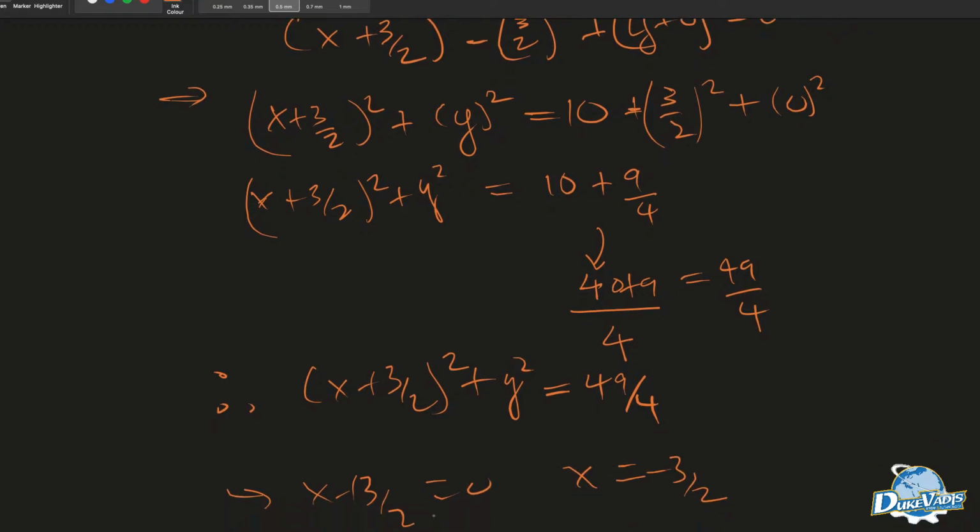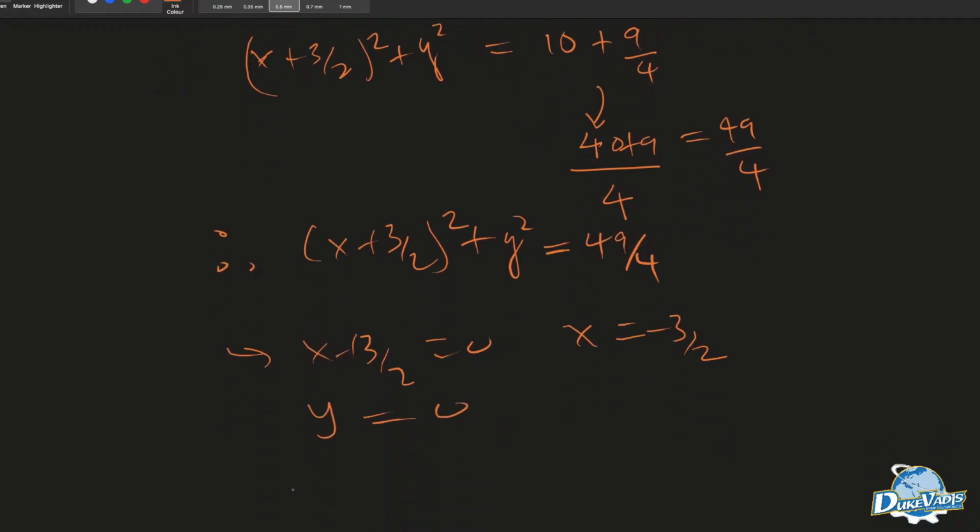and then over here y squared, okay, so y is equal to 0, okay. So therefore, our coordinates, the center C will be negative 3 over 2, okay, and we have 0 here for y, and the radius squared will be 49 over 4.